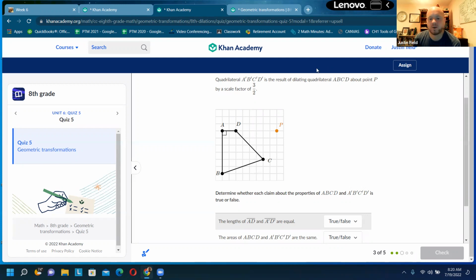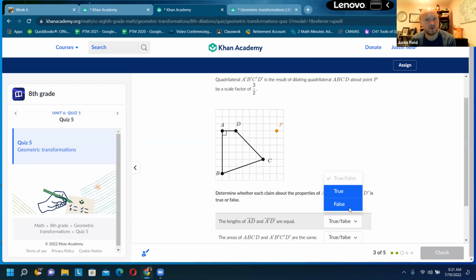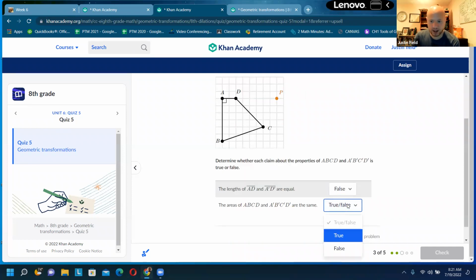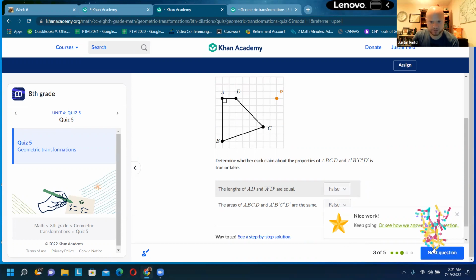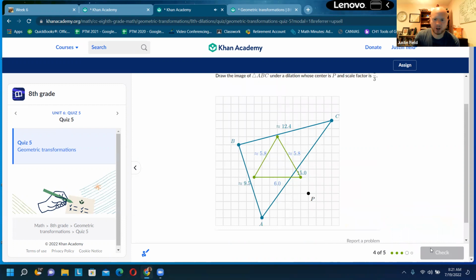So the lengths would not be equal because a dilation does not preserve side length. It actually makes the sides bigger or smaller. And if the sides are not the same length, then the areas will not be the same, because we multiply the sides to get the area.